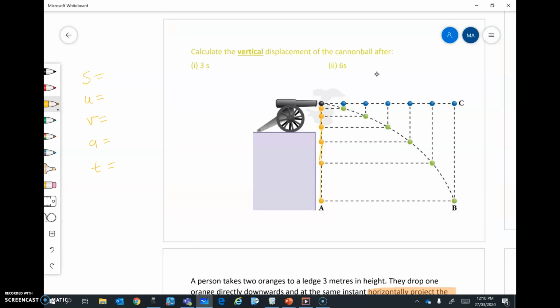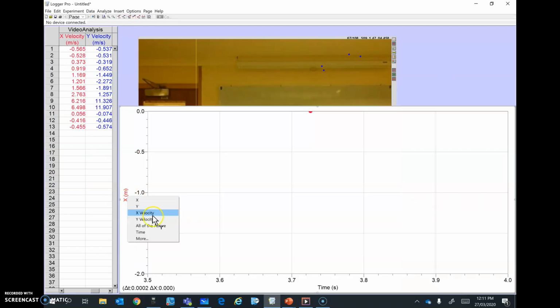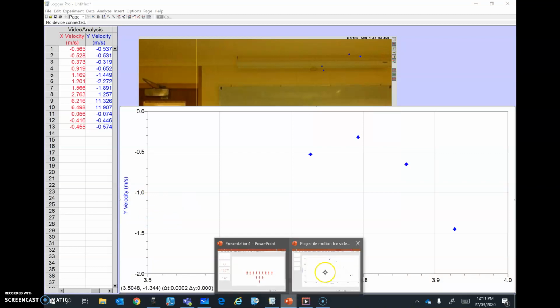Okay, so in this case, we're trying to find the vertical displacement, so that's our question mark. The initial velocity. Well, what is the initial velocity in the vertical plane? Well, if we look back at our y velocity here, initially, actually, I'll look at this one here rather.